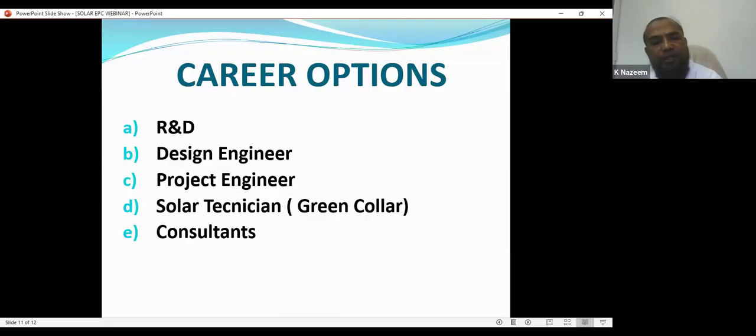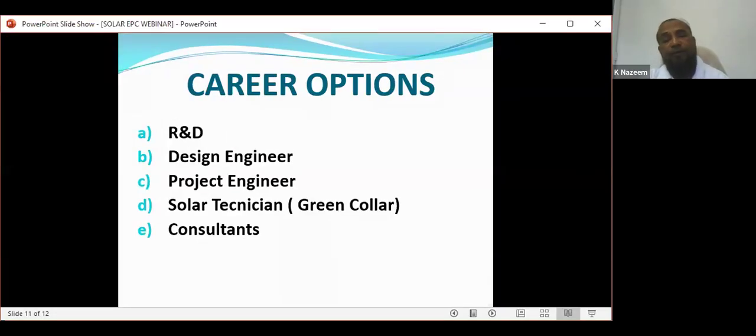Hundreds and thousands of engineers are working on the R&D domain to increase, for example, the efficiency of the solar modules. You'll be surprised that even after 40, 50 years of R&D, the efficiency of the commercially available solar modules is not more than 25%.